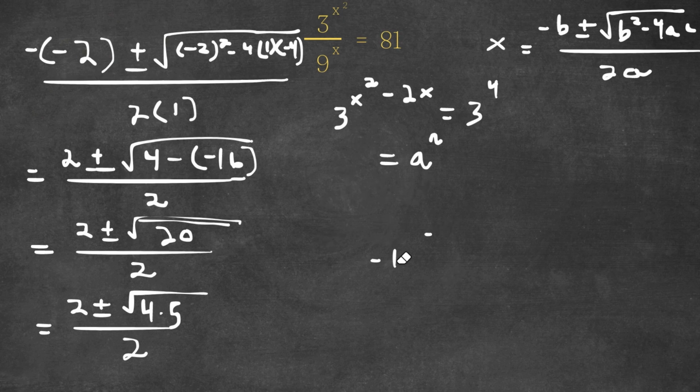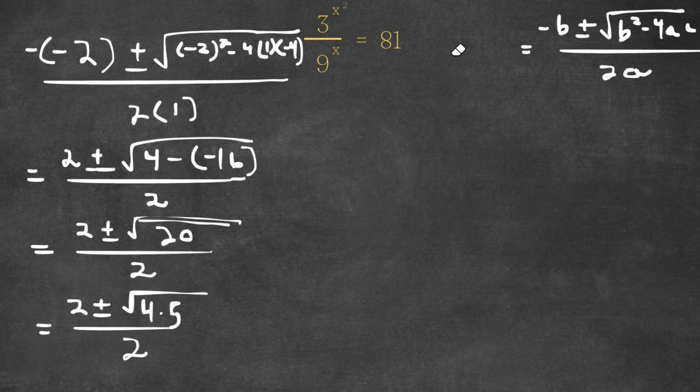Now, let me go ahead and erase this real quick. So now this is equal to 2 plus or minus. Now the square root of 4 is 2, so 2 can be on the outside, and 5, that can't be simplified anymore, so 5 is still in the radical. We have this over 2.